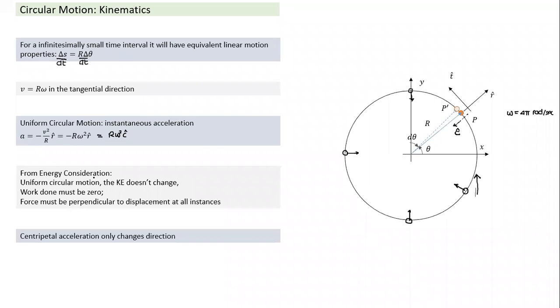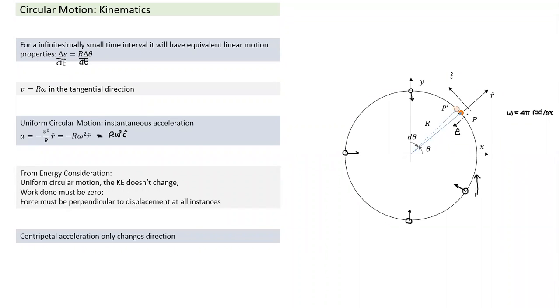What we understood from here, and this is one of the important points we need to always keep in mind while solving questions related to circular motion, is that centripetal acceleration only changes direction. The reason is also simple from the energy angle. We will come across two different components of acceleration: one is centripetal, one is tangential.